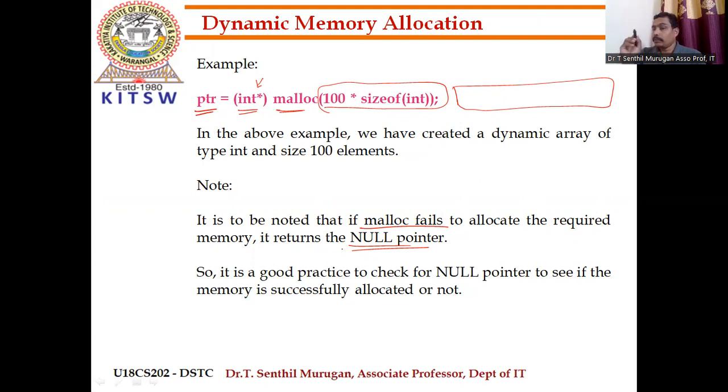Clear? If the pointer is null, we are unable to create the memory. So based on the null pointer only, we can check whether it is created or not. If there is a null pointer, memory is not created. If there is no null pointer, then memory is created.